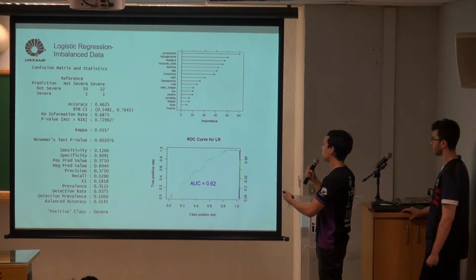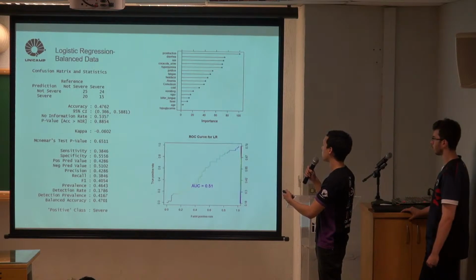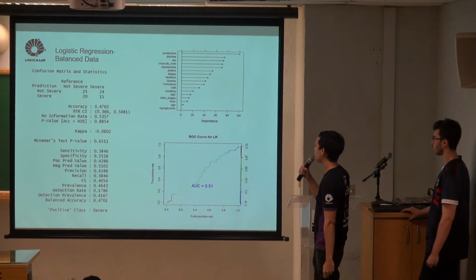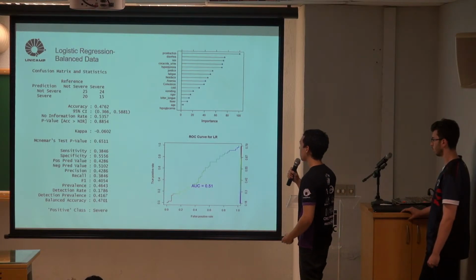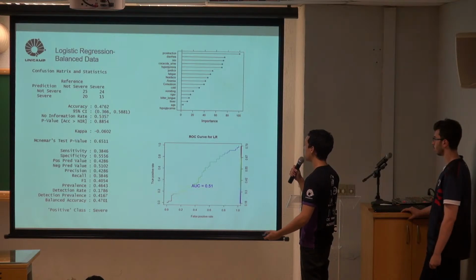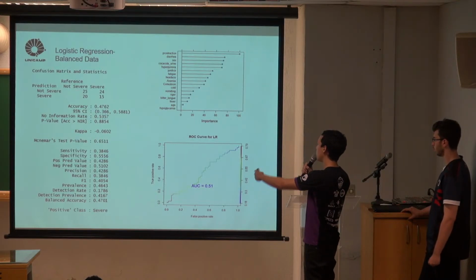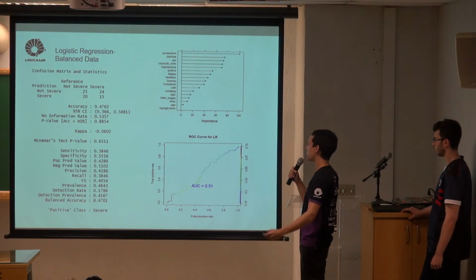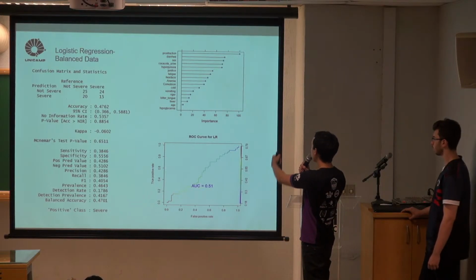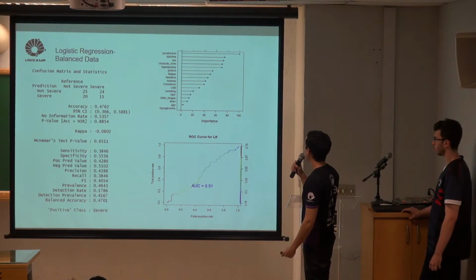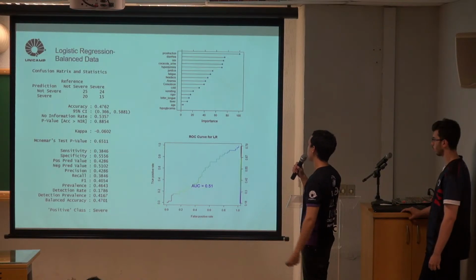Also the AUC, that is another metric, got lower with balanced data. So here we see that logistic regression is one of the exceptions. Here, again, it chose prostration as the most important predictor.